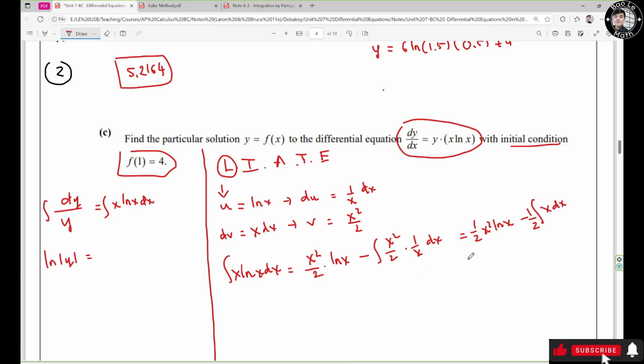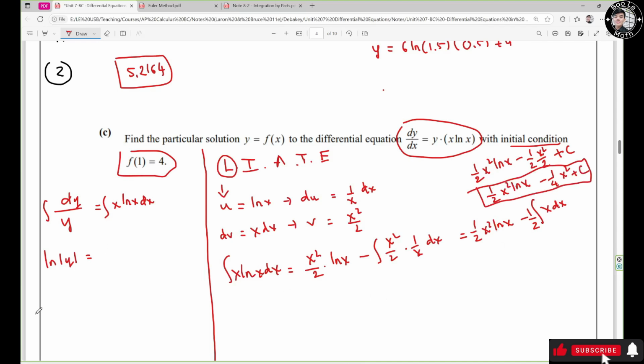This turns out to be 1/2 s squared natural log of s minus 1/2 s squared over 2 plus c. So it could be 1/2 s squared natural log of s minus 1 over 4 s squared plus c.